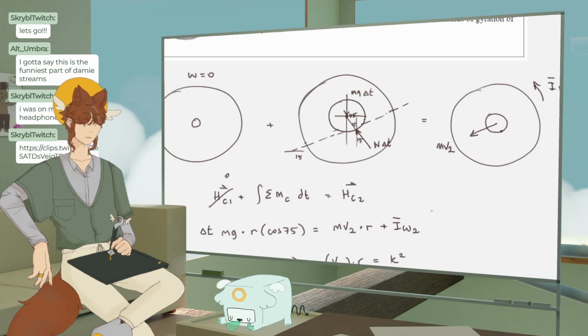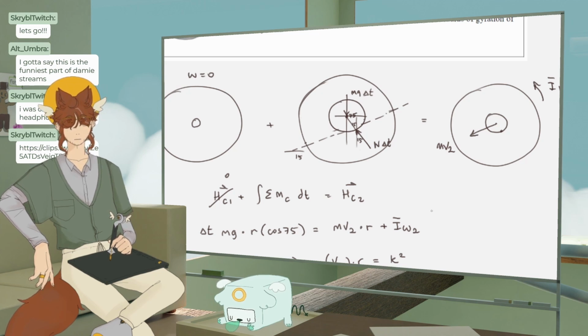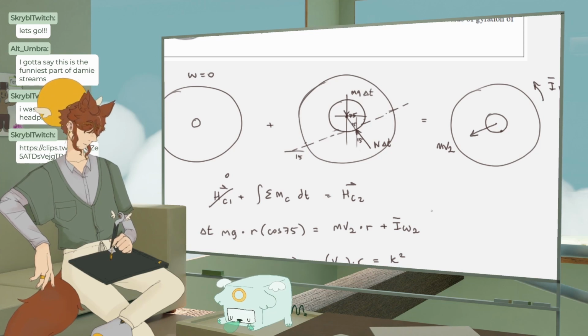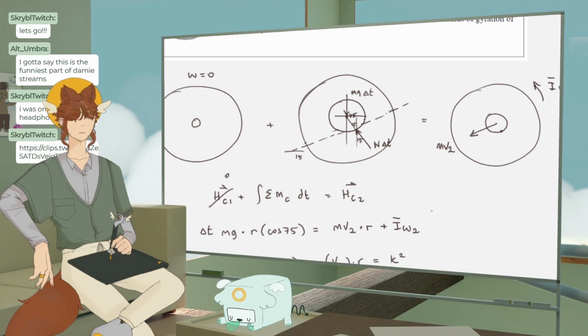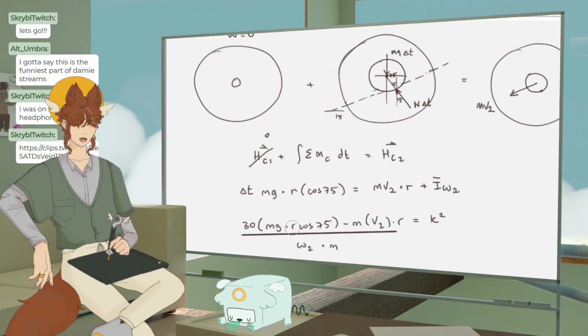I mean, I guess I could say that it's... Would it matter if I use the shaft radius? Let me think. Oh. I guess it should be the same. The magnitude should be the same on all points, right? Because it's on the same body. Yeah, that would make sense. Okay, never mind. I don't have to worry about it.